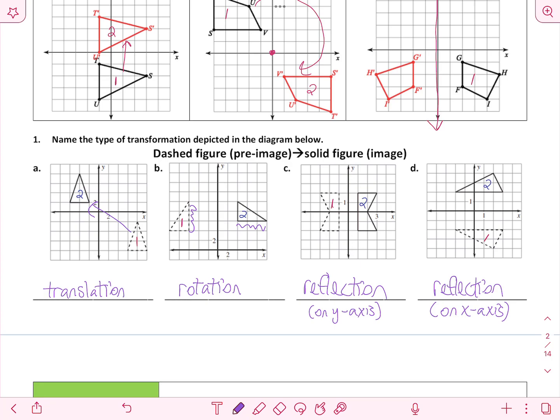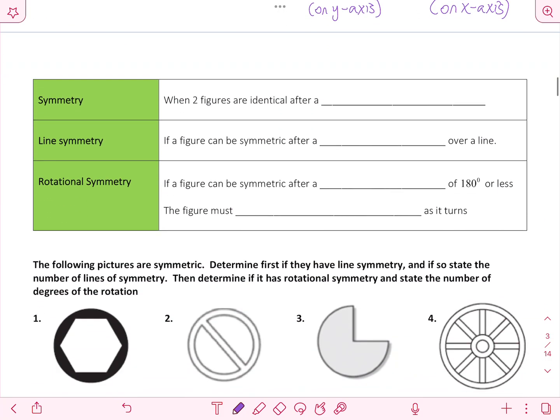All right, now we are going to look at symmetry. So we have some definitions. When two figures are identical after a transformation, we say that they are symmetrical, that symmetry has happened.